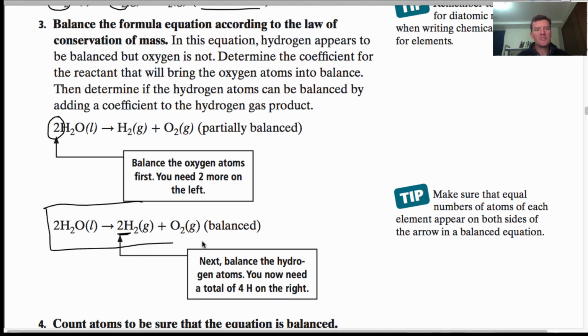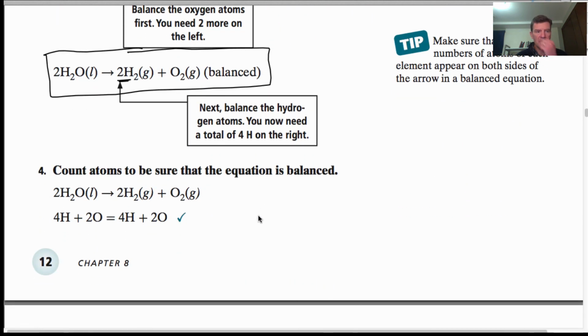This is your balanced equation. You have to make sure that you've got the same number of each element on both sides of the reaction. Okay? If you need to, you just count up, just make sure you got the same on both sides. We have 4 hydrogens and 2 oxygens on the left. We have 4 hydrogens and 2 oxygens on the right. Check. Okay?